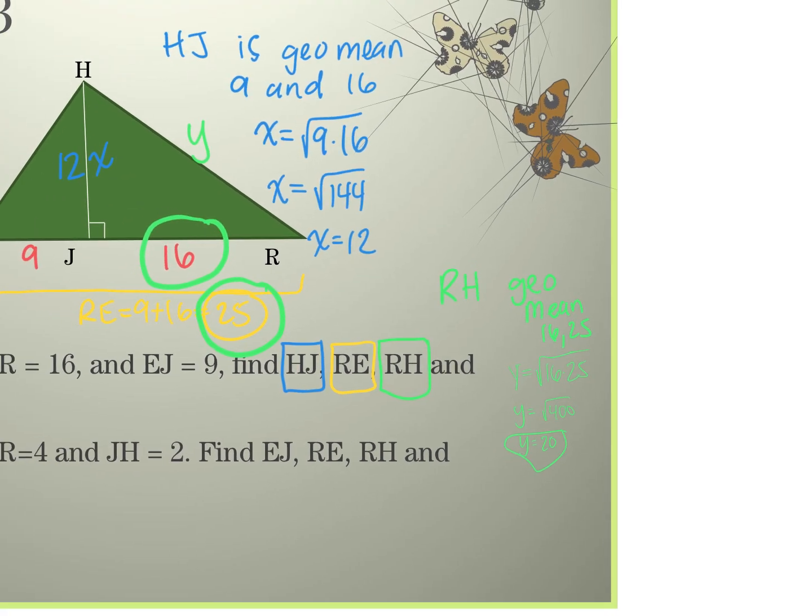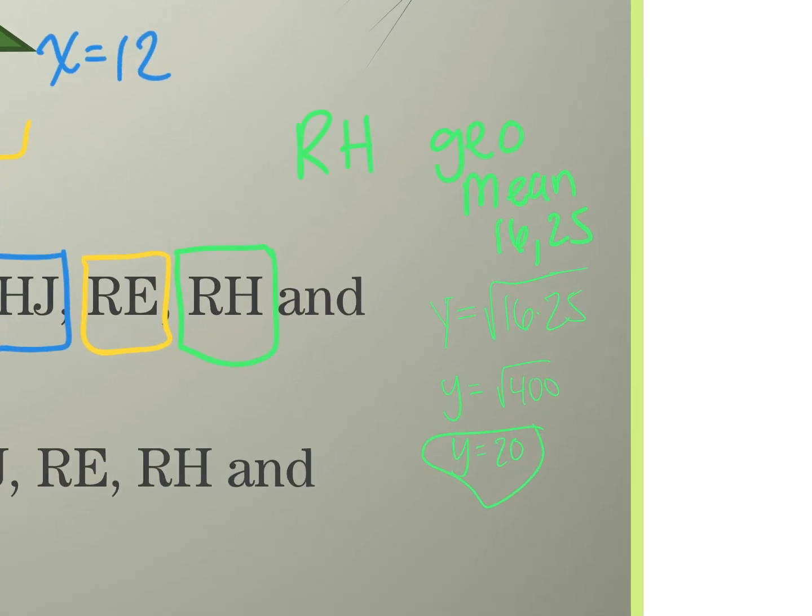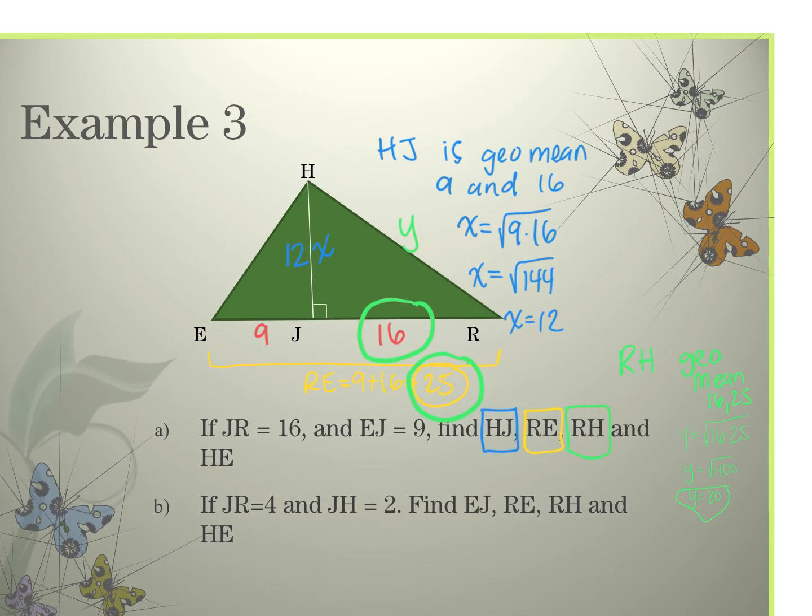Okay, so we're almost done. We have one more piece to figure out. Ah, very good, Dylan. So the last piece is that leg on the left side, EH, okay? And EH, we're going to label it Z, or HE.